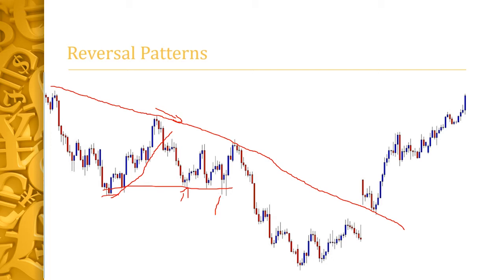It happened also here, and we had another correction to the upside, and then we got this inverted hammer at this area, which also seemed to tell us that this trend would maybe reverse or halt or start ranging. And what we got was an actual reversal of this trend to the downside.